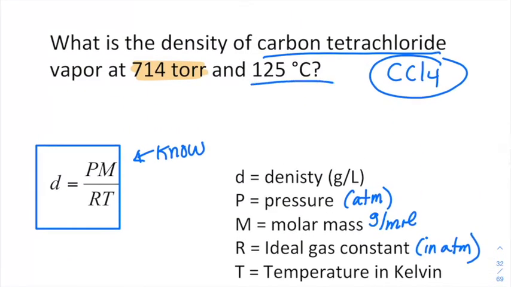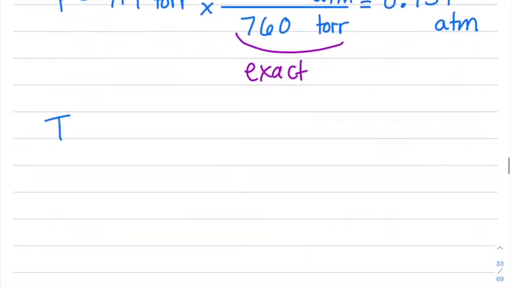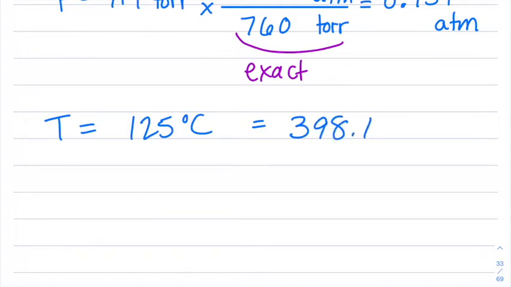So we were told our temperature is 125 degrees Celsius. So what'll that be in Kelvin? All right, so I see 398.15, it looks good. Everybody getting something similar?